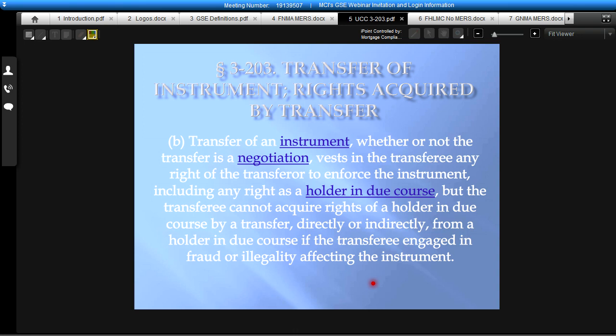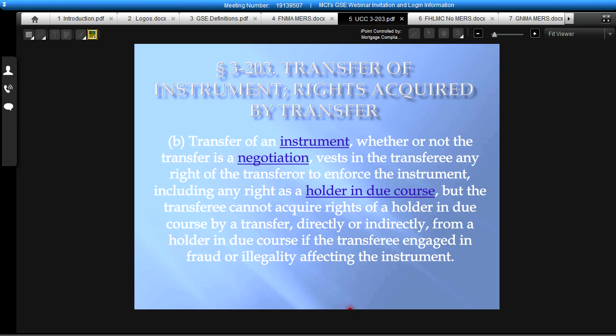But the transferee cannot acquire rights of a holder in due course by a transfer, directly or indirectly, from a holder in due course if the transferee engaged in fraud or illegality affecting the instrument. Let me ask everybody out there, you ever receive any cases where fraud might be involved? Think about it.